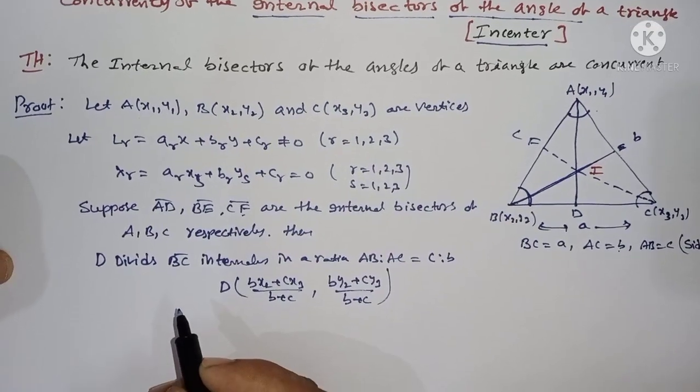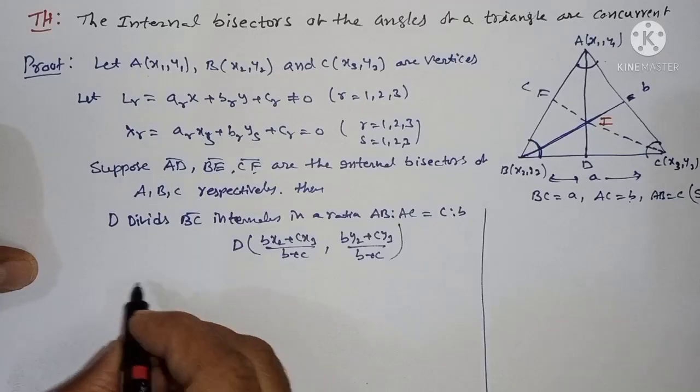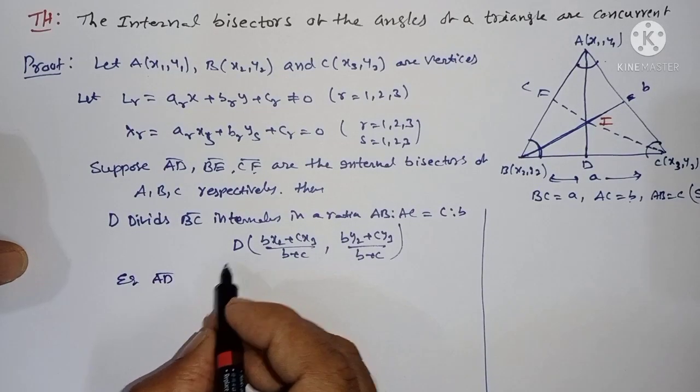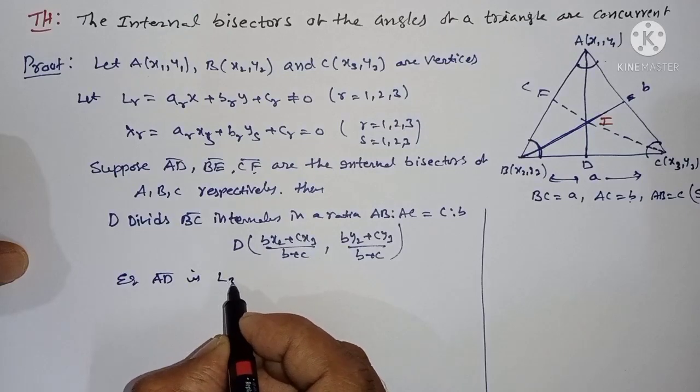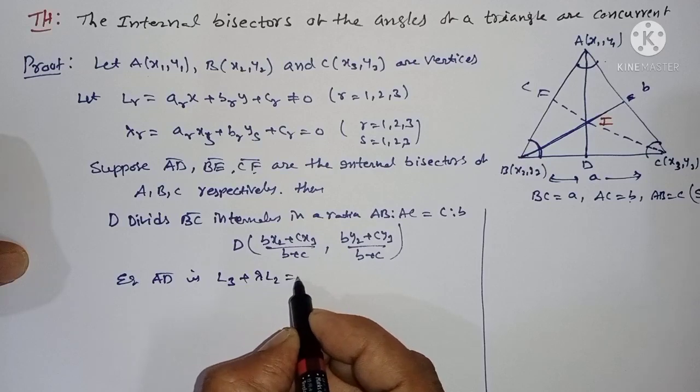Equation of AD is L3 plus lambda L2 is equal to 0.